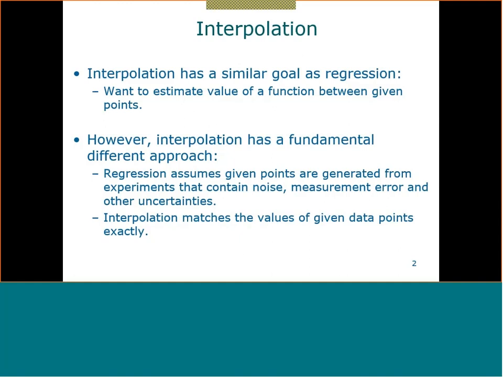Now, you might ask me, okay, why do we need to have interpolation, or when do we have to use interpolation in a practical situation, and when do we have to use regression? In very simple language, if the system that you are measuring has a lot of noise, or your measuring device has a lot of uncertainty, then you know that your data points are scattered because of the impact of the noise.